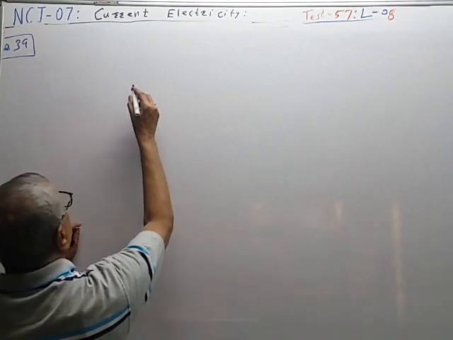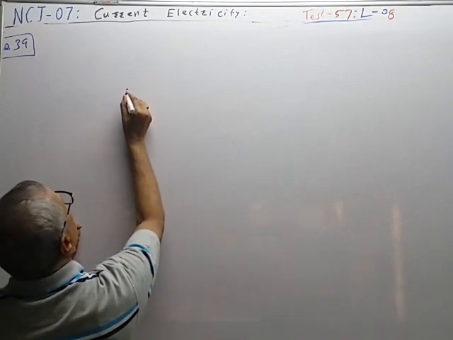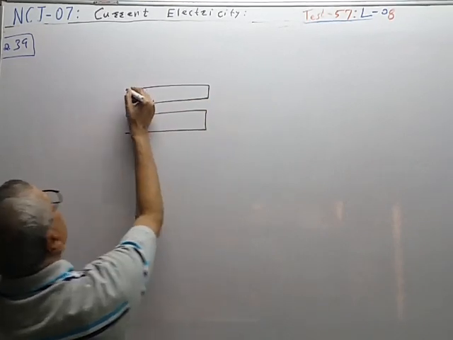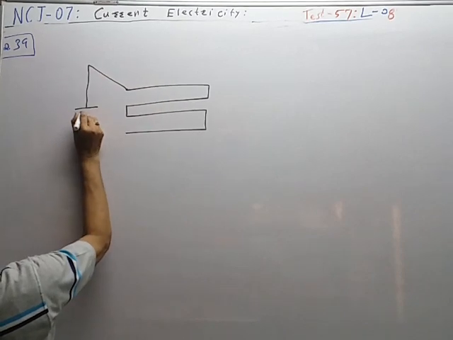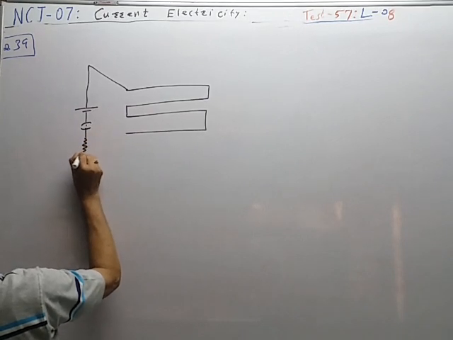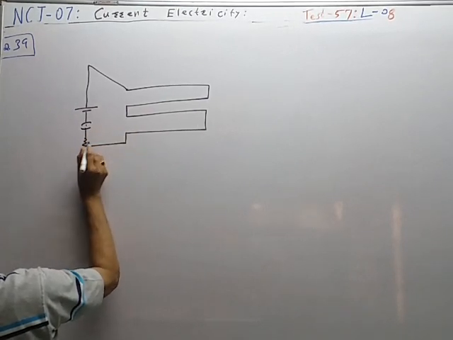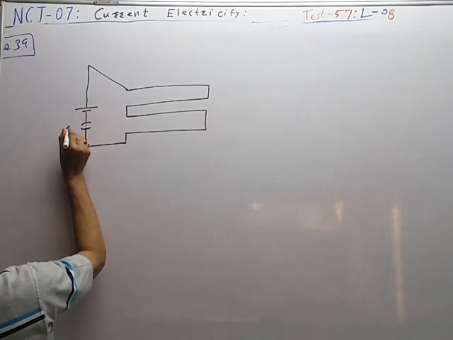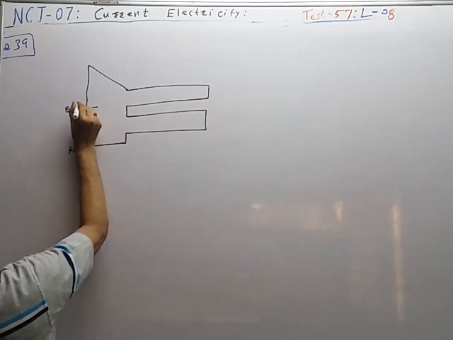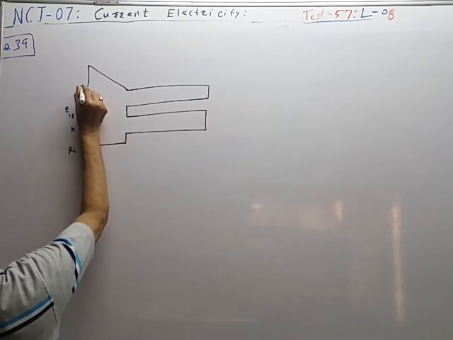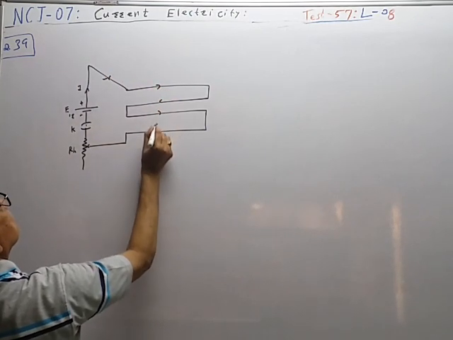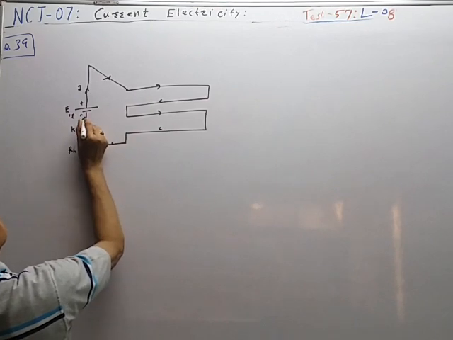So I will draw the circuit of potentiometer. This is the potentiometer wire. This is the driver cell of EMF E, internal resistance r. This is the plug key. This is the rheostat. This is called as a potentiometer. So it will send the current I. That current will flow from first wire, second wire, third wire, fourth wire, rheostat, the key like this.